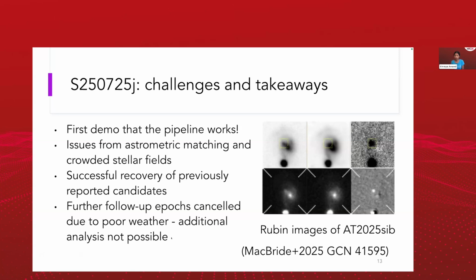And a further issue was that we were not able to get late time follow-up as according to our observing strategy due to poor weather at the summit and other commissioning priorities. So we weren't able to actually do a full analysis of the Rubin data and follow-up for this event and report new candidates that were not previously reported.